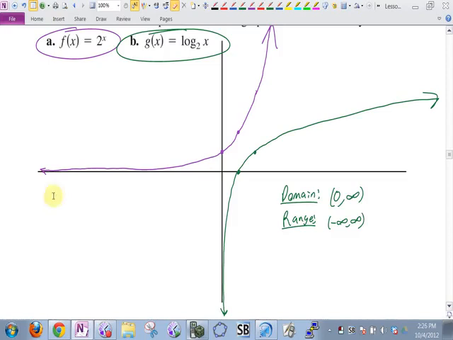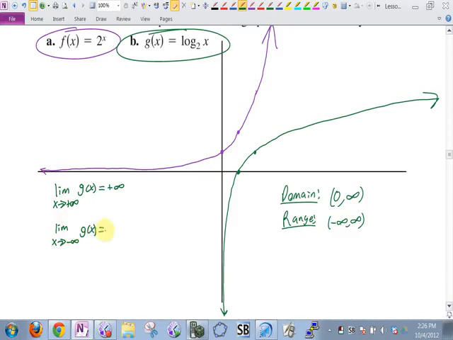Let me ask you some questions. For the green graph, what is the limit as x approaches positive infinity? It will also be positive infinity. That's what we were just talking about. The graph goes up forever to infinity and beyond. What is the limit as x approaches negative infinity?